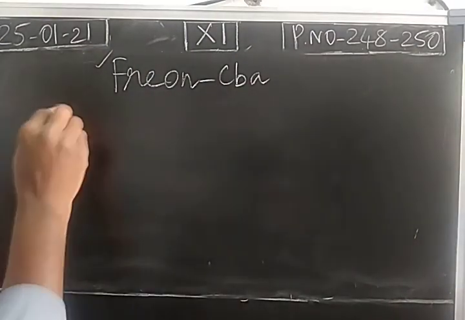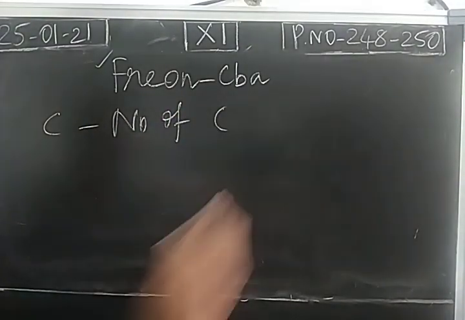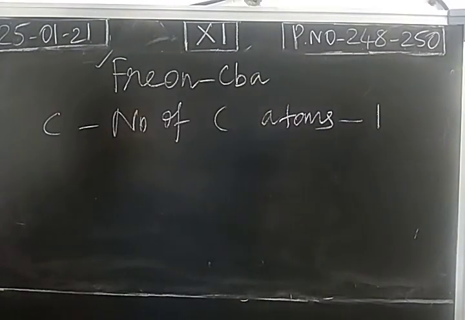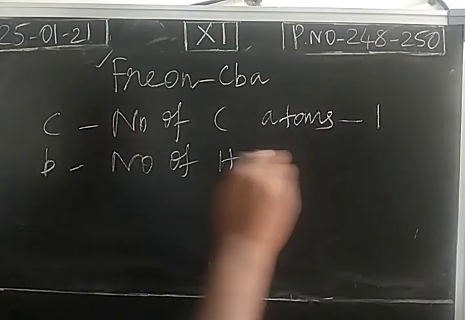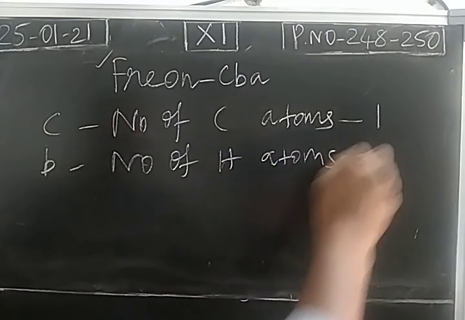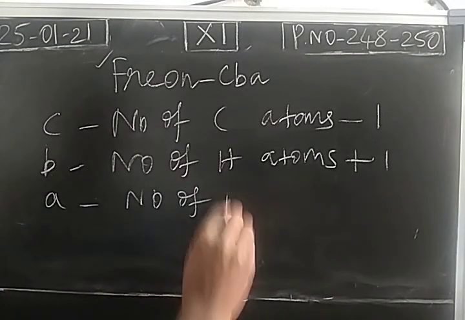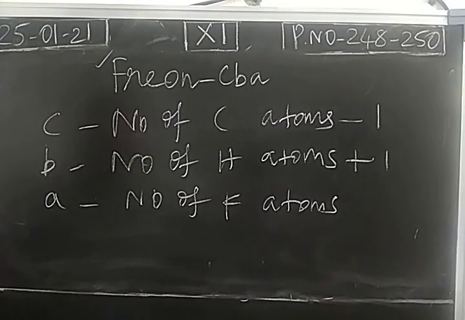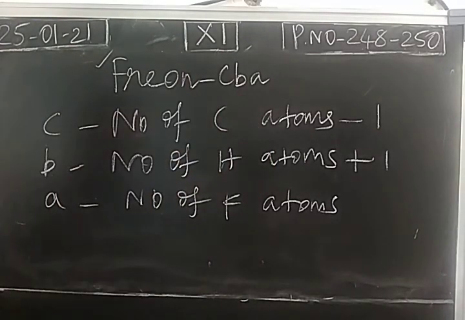C represents the number of carbon atoms in the compound minus 1. B represents the number of hydrogen atoms in the compound plus 1. A represents the number of fluorine atoms. So when we take chlorofluorocarbons, the naming method is freon CBA. Using this format, write the name.